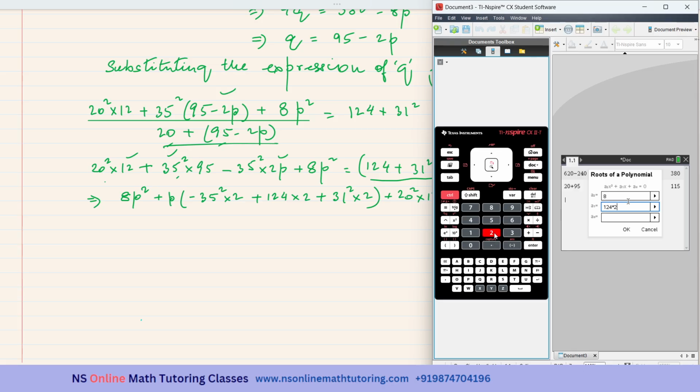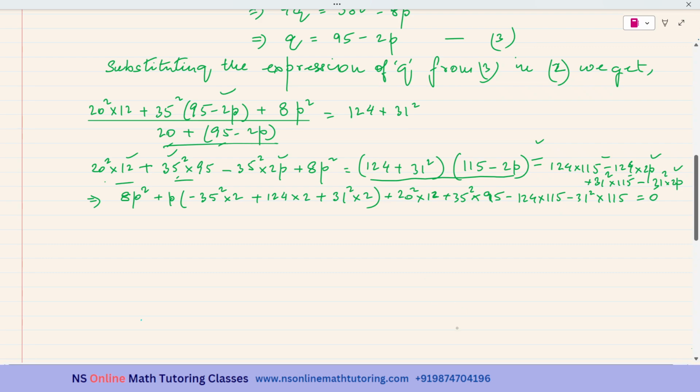124 times 2 plus 31 square times 2 minus 35 square times 2. Okay. And now coming to the constant part, it is 20 square times 12. I can read these two from here. Okay.